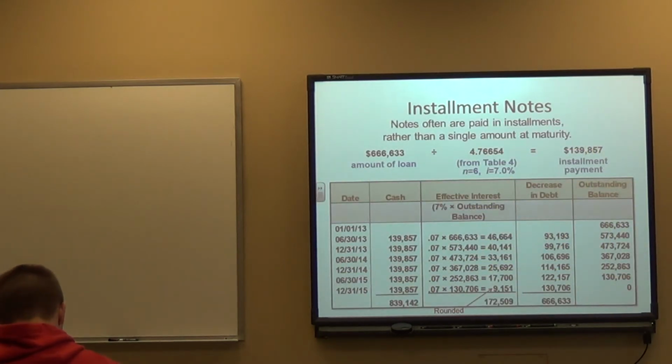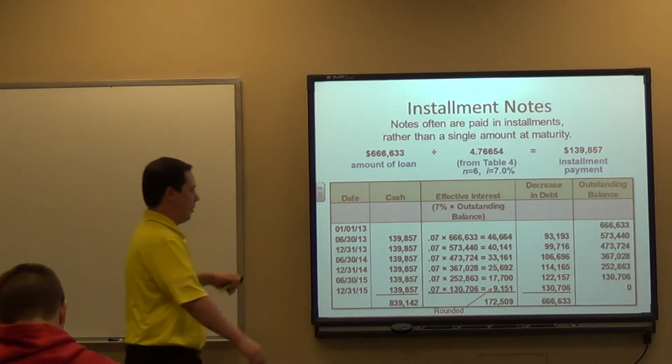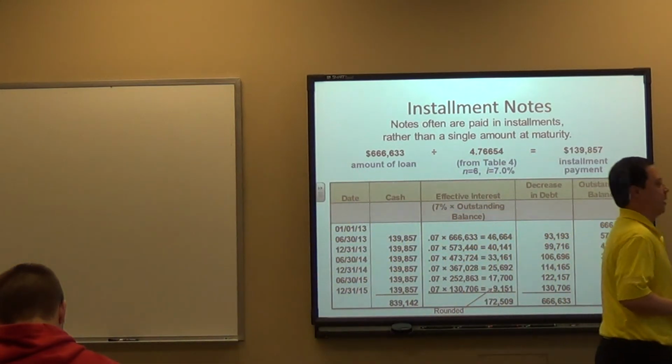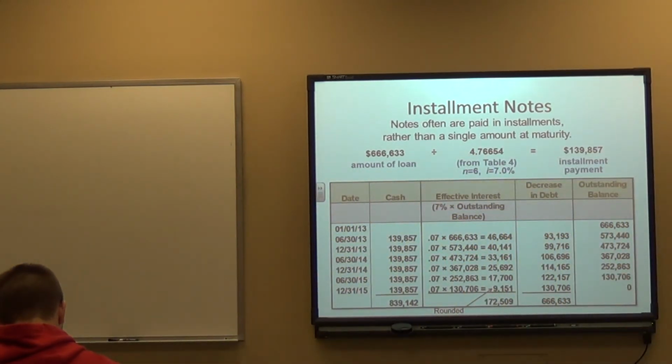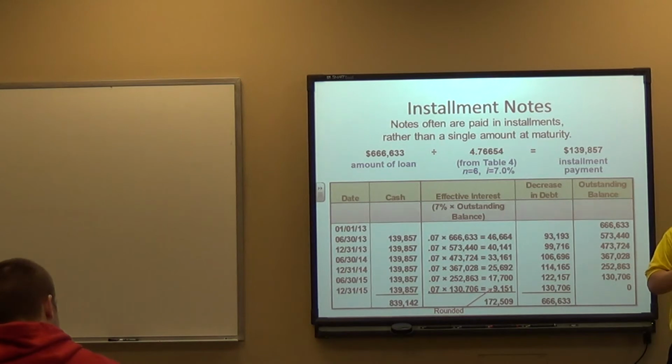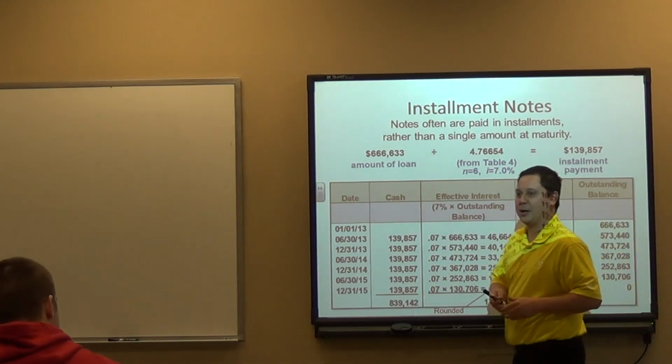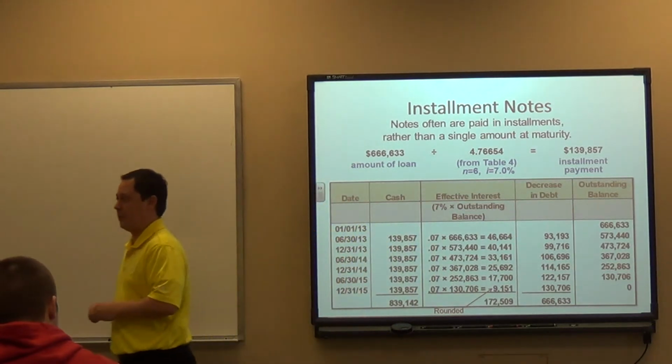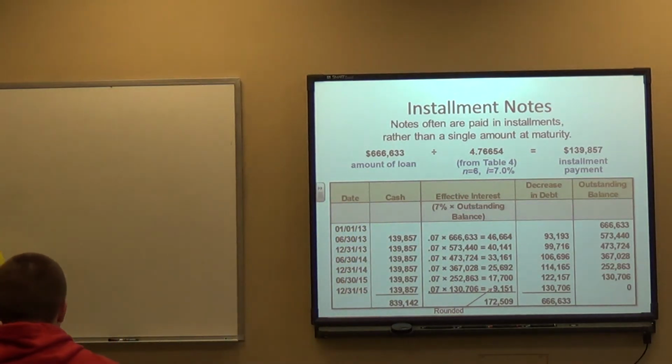All right. Last thing here is the installment notes. And remember this amortization table? I didn't put an amortization table on that before. Because we have so little time, I didn't figure the amortization table would be a good thing to put in there. I don't think we'd have enough time on your test, so I pulled it out.